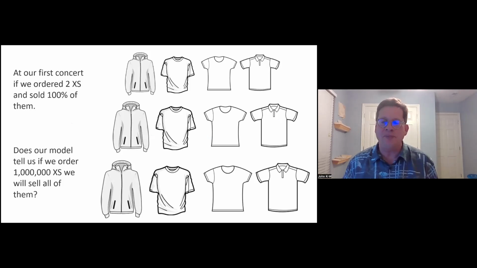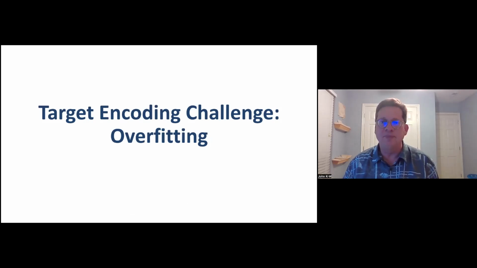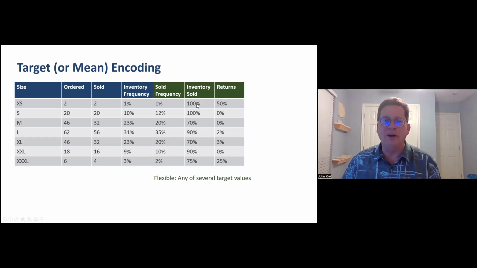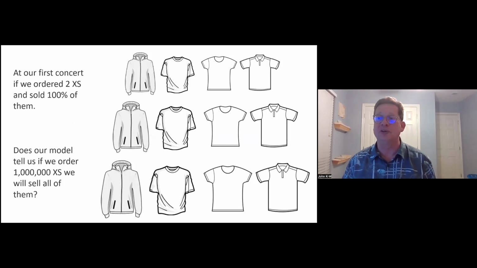So if you remember back on this slide, we sold 100% of the inventory sold. Only 1% of the shirts that we ordered were extra small, and we sold 100% of those shirts. So when we're ordering shirts in the future, if at the first concert we had 2 extra small shirts that we stocked, and 100% of those were sold, and we run that through a predictive algorithm, what would that tell us about how many shirts we should order in the future?